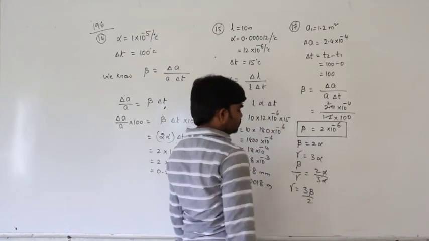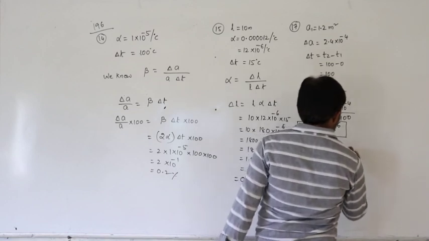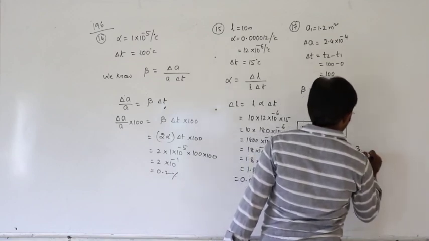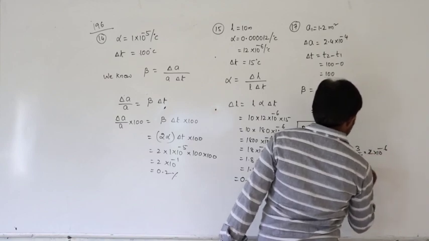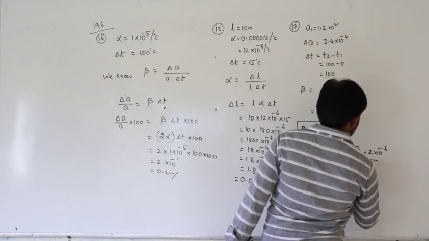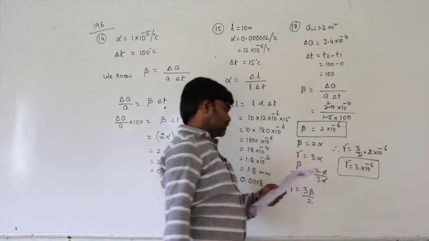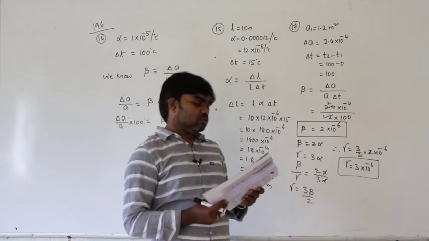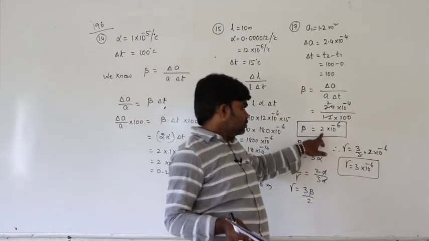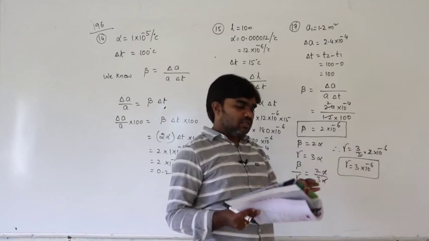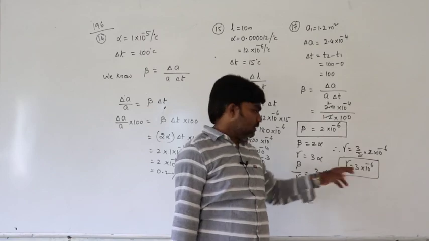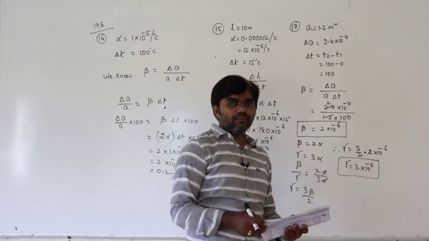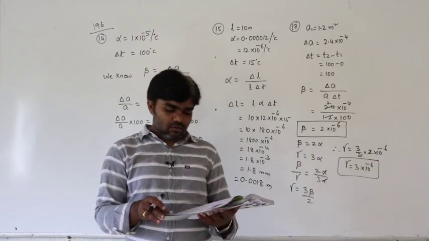Therefore gamma is equal to 3 by 2 into beta, which is 2 into 10 to the power of minus 6. So gamma is equal to 3 into 10 to the power of minus 6. That is the actual option. But if you didn't read the question properly, you could get 2 into 10 to the power of minus 6, the first option, and you can give it, but the actual option is 3 into 10 to the power of minus 6.